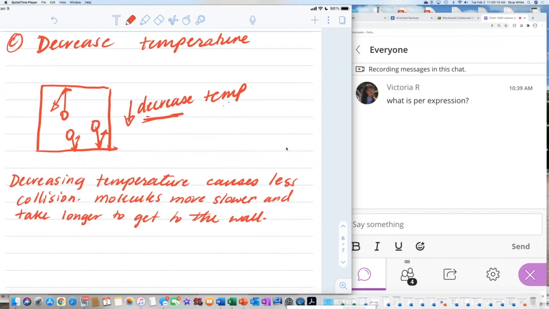It's like they skipped their morning coffee. They're dragging, but they're just doing it slower. Okay? So I'll just write here, lower temp results in less collisions, and therefore lower pressure.